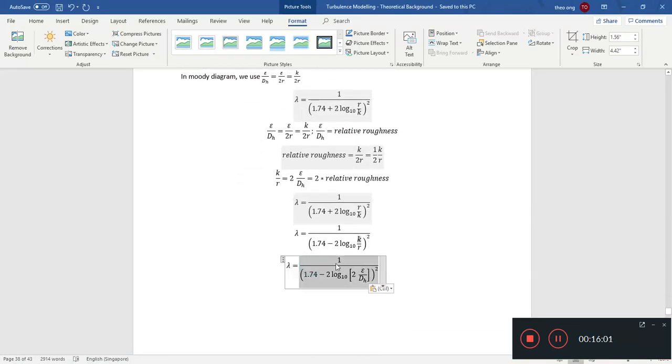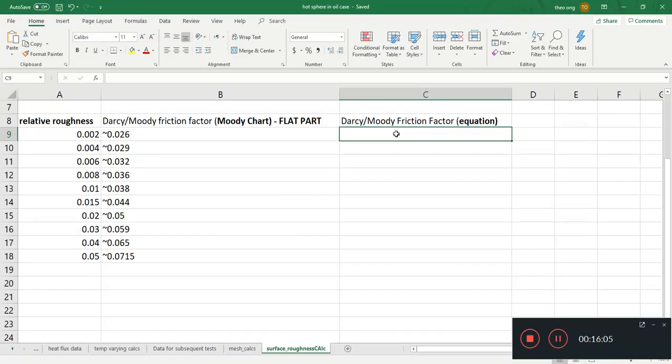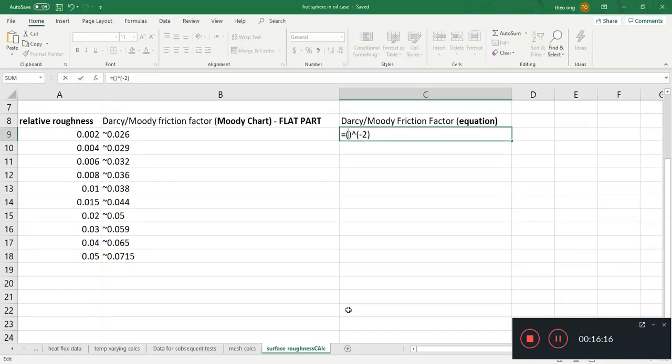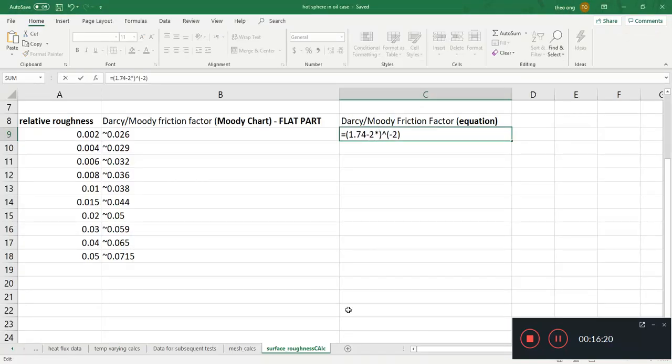So the equation is 1 over the square of, okay, it equals 1 divided by, or I can just put something to the power of minus 2. So 1.74 minus 2 times log 10.